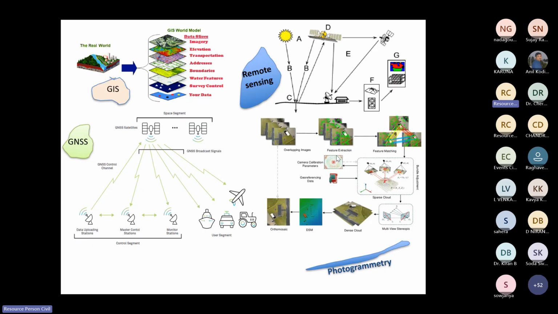In photogrammetry, we have to plan one region or area if we want to capture it. We decide the flight path, the height, what area is captured, and how much area is captured in one image, meaning 10 by 10 square kilometers or 100 by 100 square kilometers in one image.